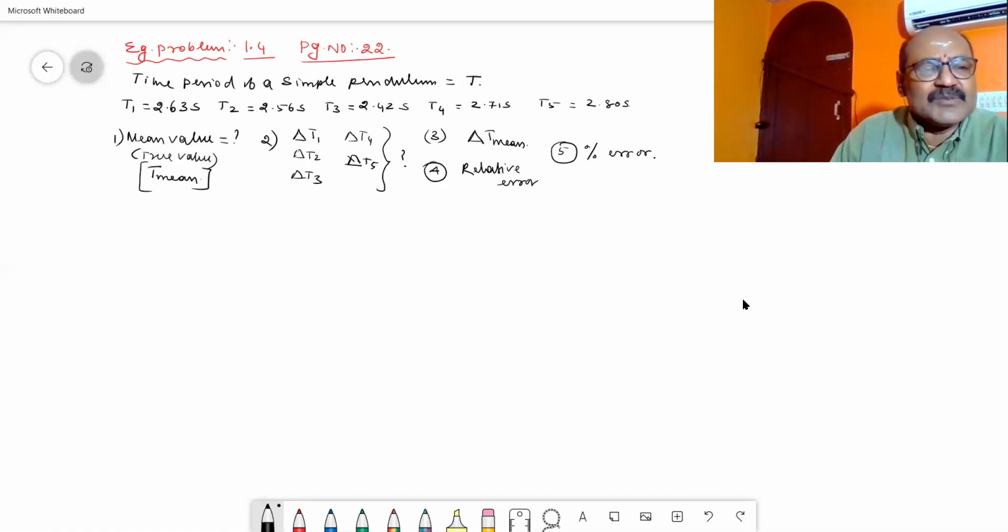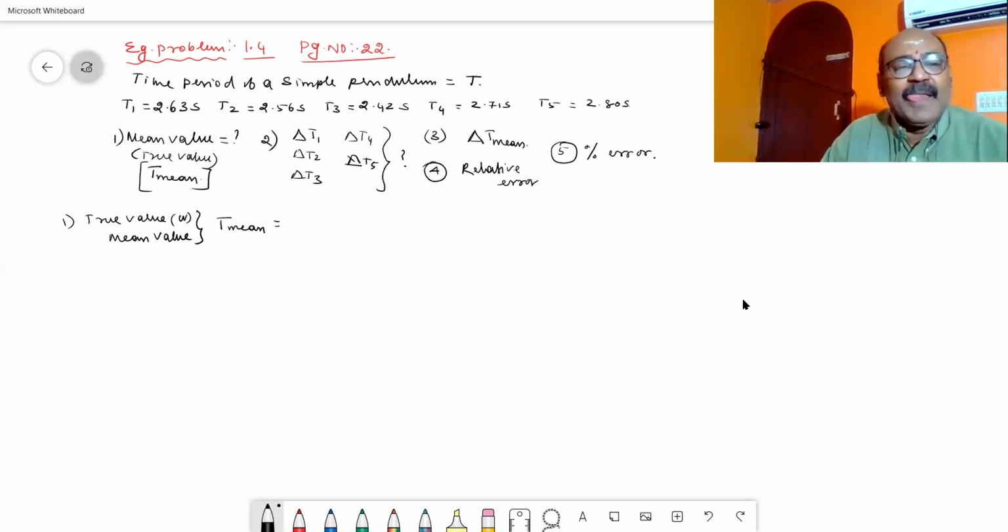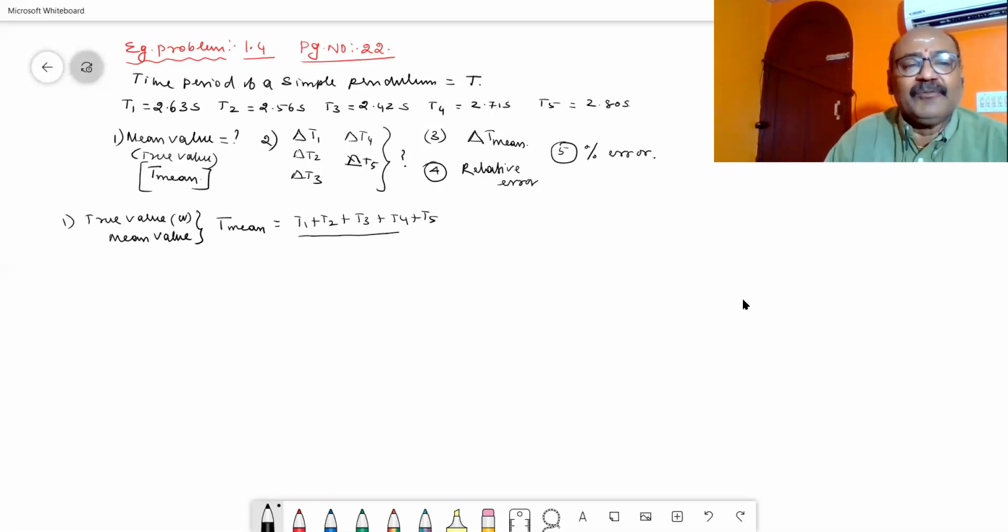See, the first one, I can calculate the true value or the mean value. The true value or mean value, represented as T mean, is equal to, what is the formula? The formula is T1 plus T2 plus T3 plus T4 plus T5, whole divided by 5. Now you substitute.